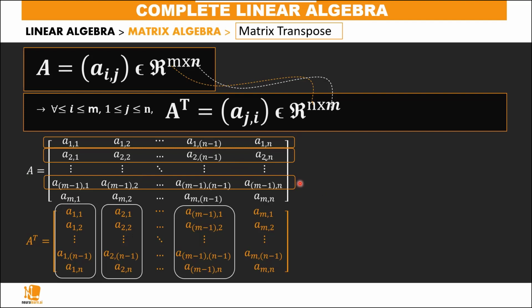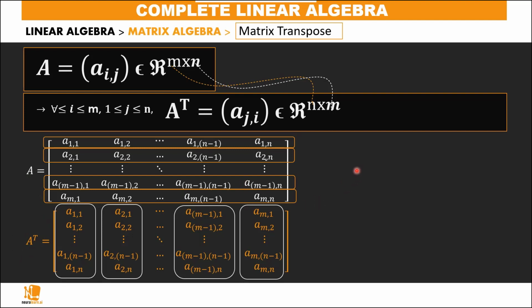The n-1th row of A becomes the m-1th column of A transpose, and the mth row of A becomes the mth column of A transpose. So it's some sort of row and column flipping, wherein the rows become the columns in the transpose.